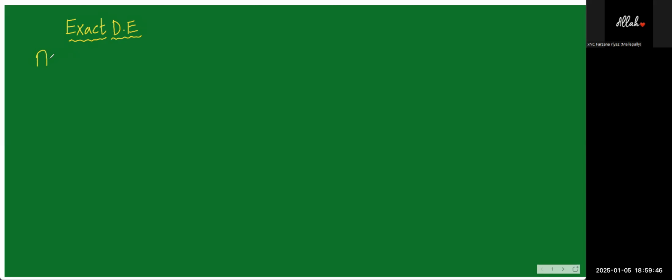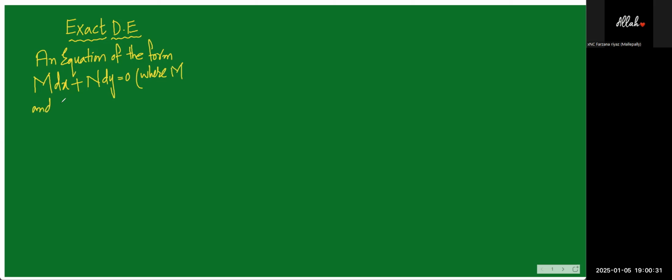An equation of the form M dx plus N dy is equal to 0, where this capital M and capital N are functions of x and y.